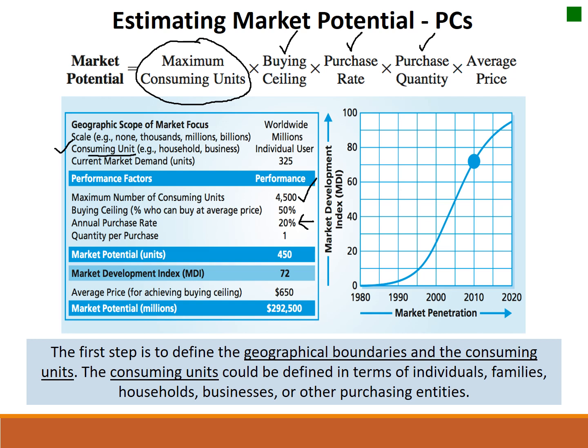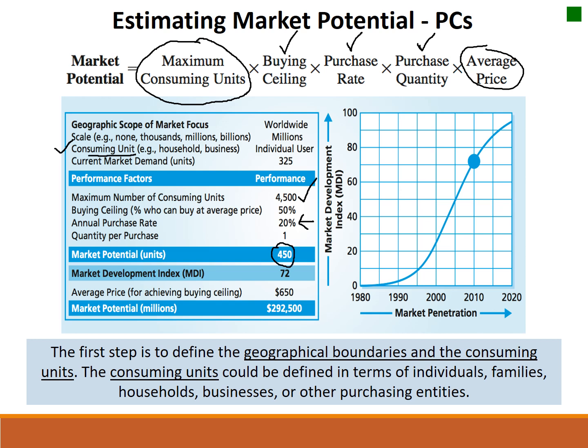People buy one PC at a time in this case, and then we'll look at average price in just a second. But basically what we're going to do here is take our consuming units and multiply them by these different percentages, by 50%, by 20%, and then the purchase quantity per year. And we get this number, 450 million.